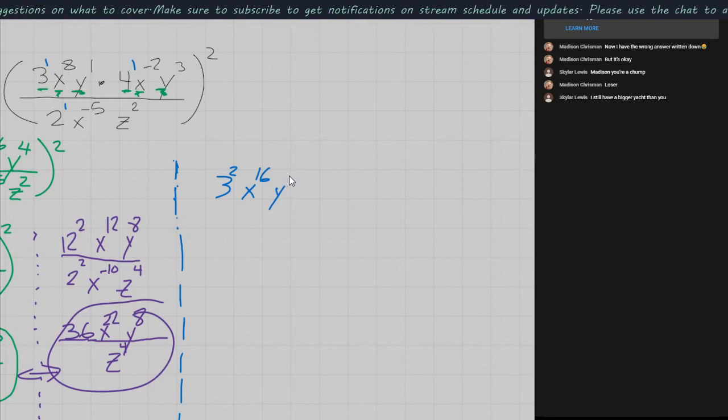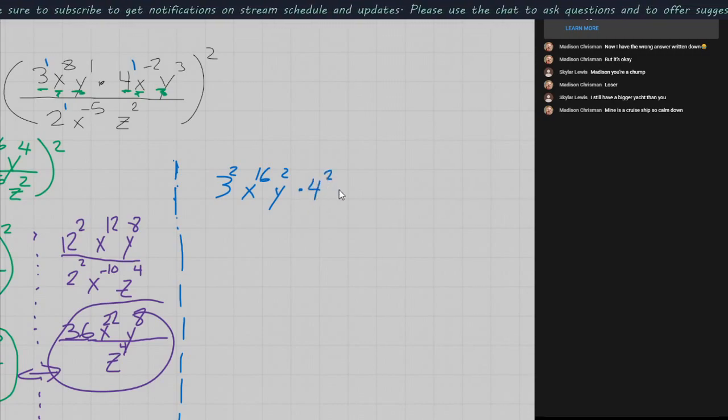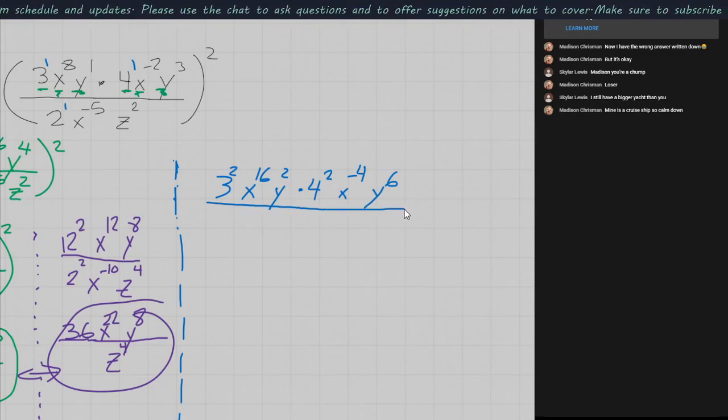Y to the first squared is going to be y squared. 4 times 4 squared. X to the negative 2, so squared is going to be x to the negative 4th. And y to the third is going to be y to the 6th. All over 2.